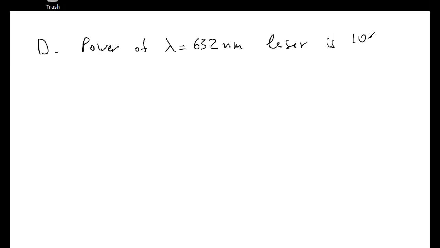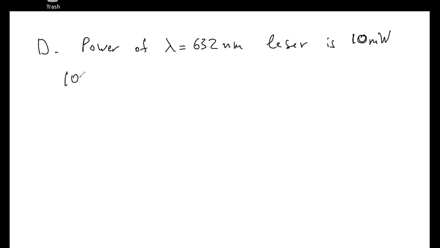A similar problem. What if the power of the same 632 nanometer laser is 10 milliwatt? What does it mean, power, 10 milliwatt? It means that every second, you emit 10 millijoule of energy.